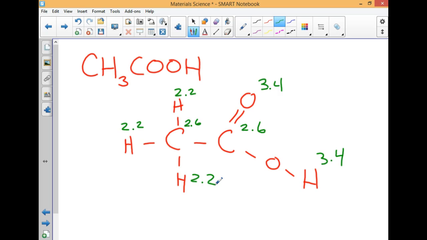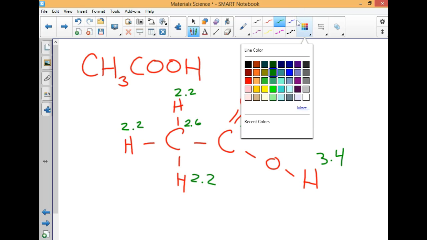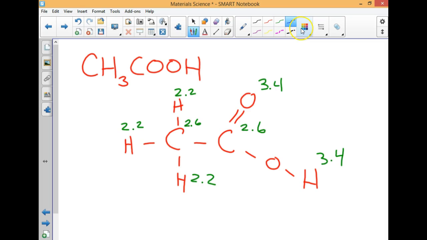That's just barely meeting the requirements for a polar side. And so you would have a charged side to one side of the molecule but on the other side, no.